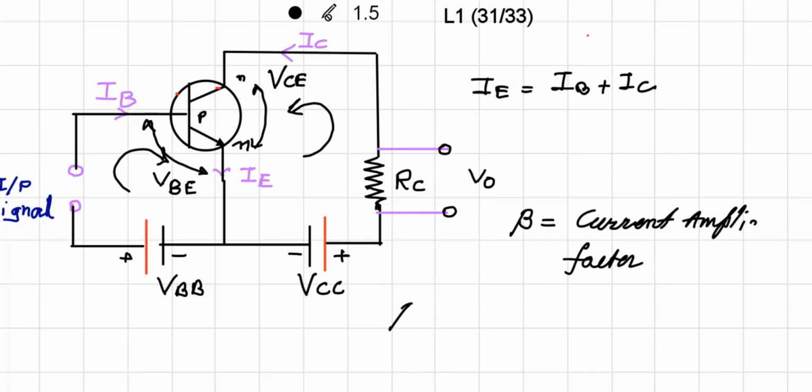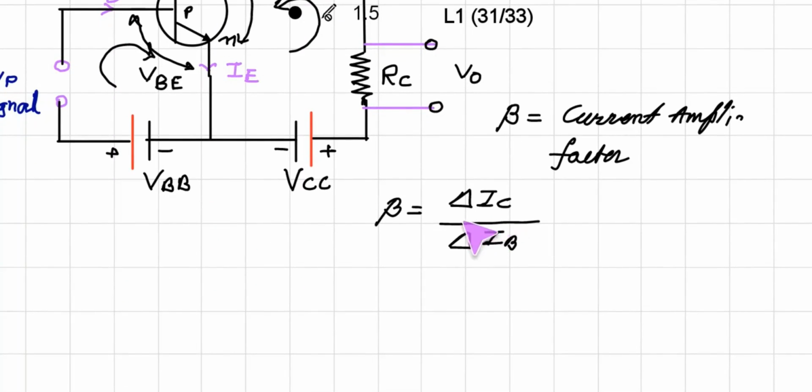Beta is nothing but the change in output current, and the output current is the collector current. So beta is delta IC divided by delta IB. Obviously the emitter terminal is common.